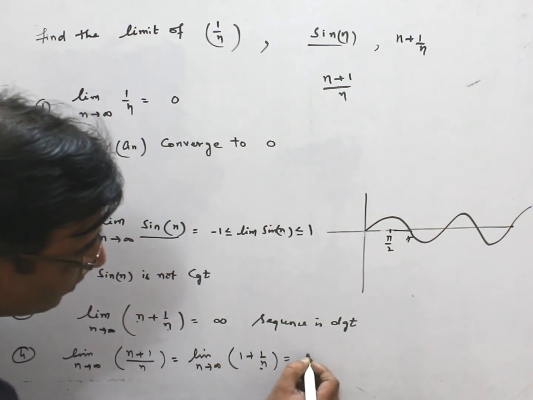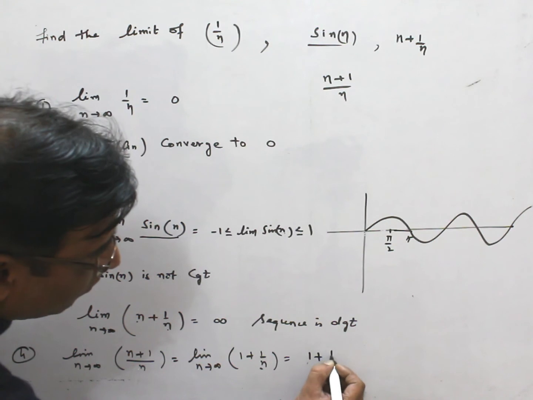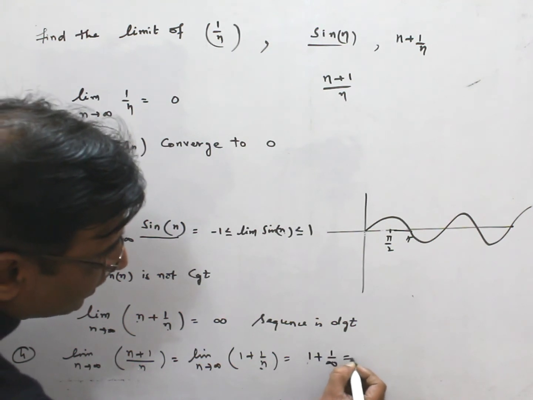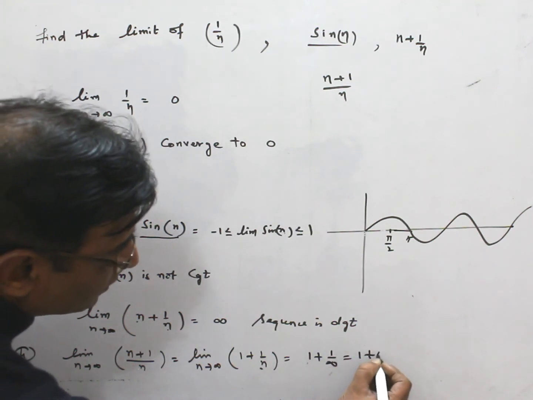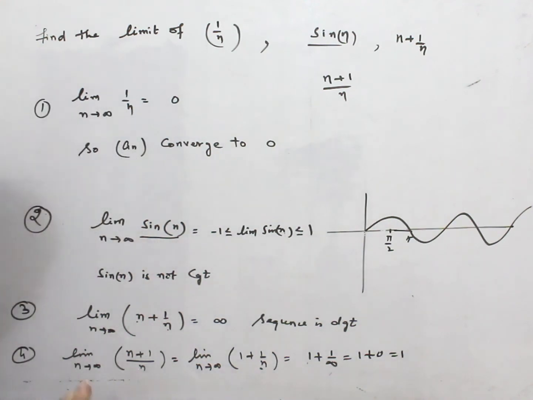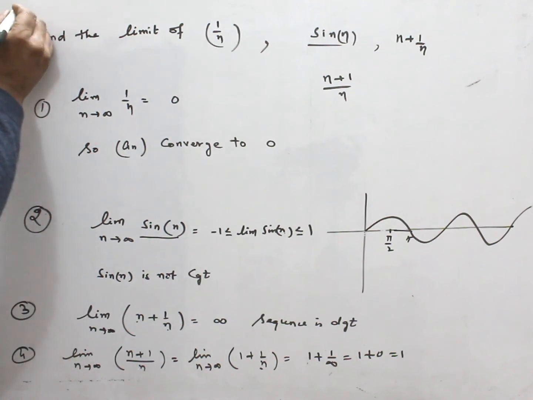That means 1 plus 1 by infinity, this is 1 plus 0, this is 1. So the limit of this sequence is 1. It is the same as you do in functions. So these are the examples.